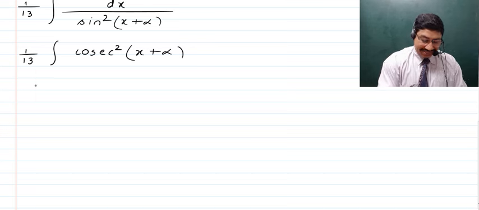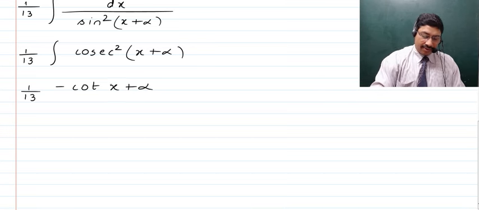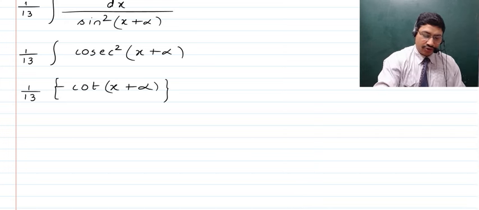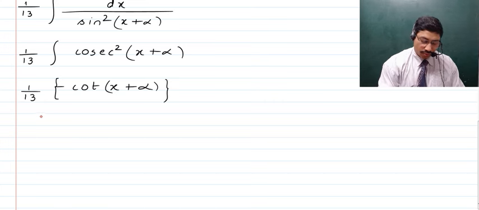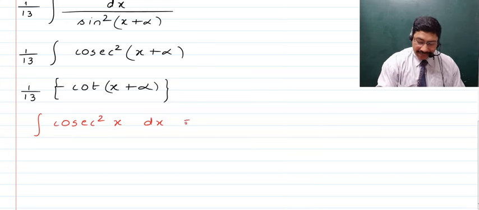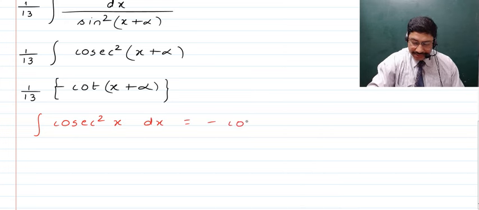Now children, next here we can write this as 1 upon 13 times minus cot of x plus alpha. I'm sure you people remember that we have done this formula just now, and I'm sure you have not forgotten this so soon. That is, the integration of cosec square x dx is equal to minus cot x plus c.